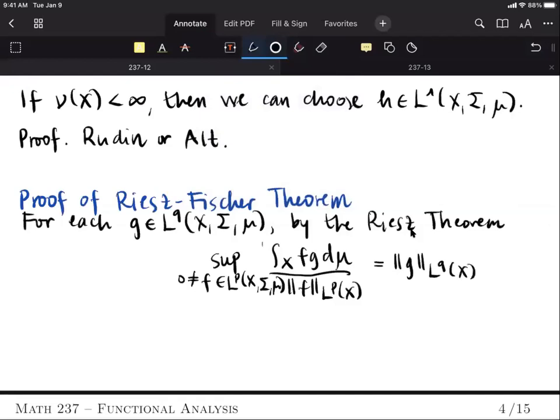You can put an absolute value here, or you can ignore it by simply replacing f by its negative. And in that way, you can see that this is the dual norm of J_g.